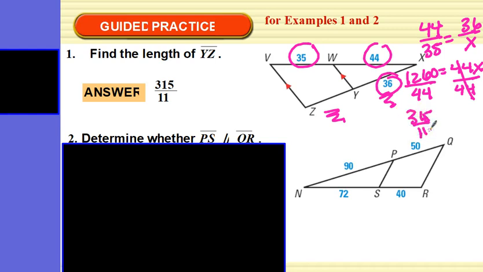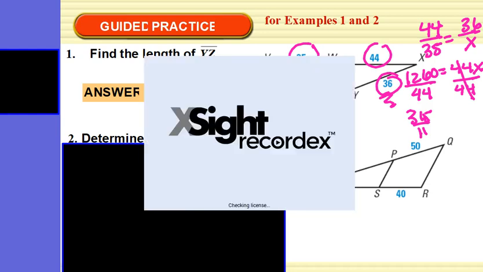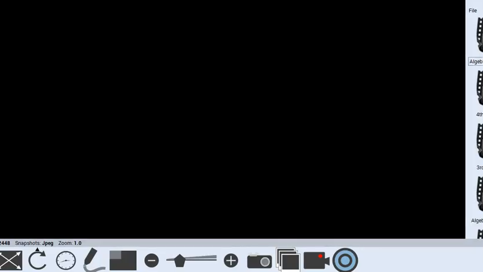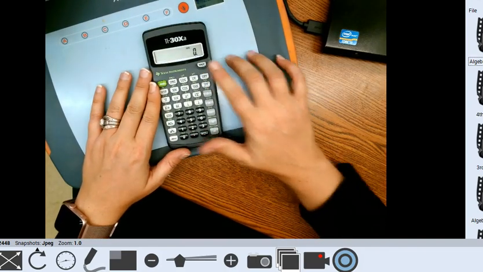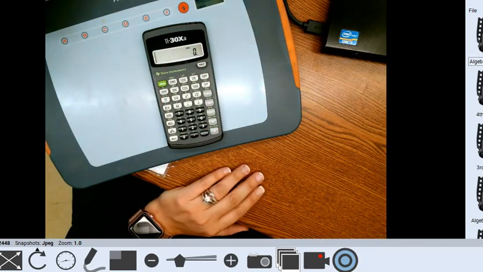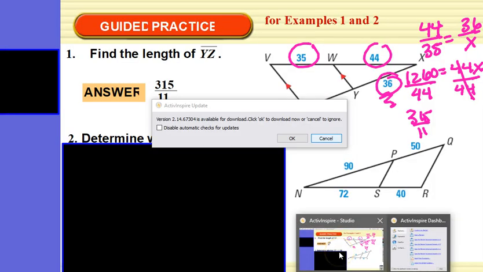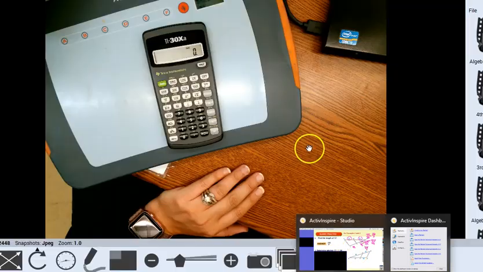If this was on a calculator section, let me show you this really quickly. Okay, so on a calculator section, what were my two numbers again, guys? It was 1260 over 44.